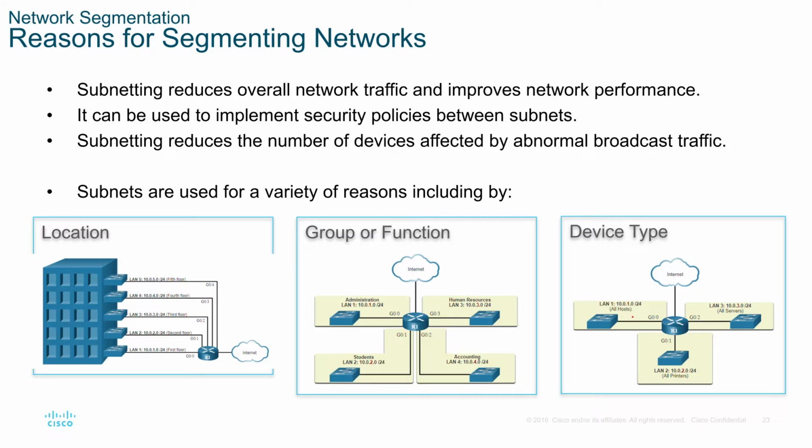Even within a network where you may have a combination of hosts and printers and servers, it is always good practice to take your address block and determine where the servers are going to reside, where the printers are going to reside, and where hosts may reside. This gives you some logical structure to your network.